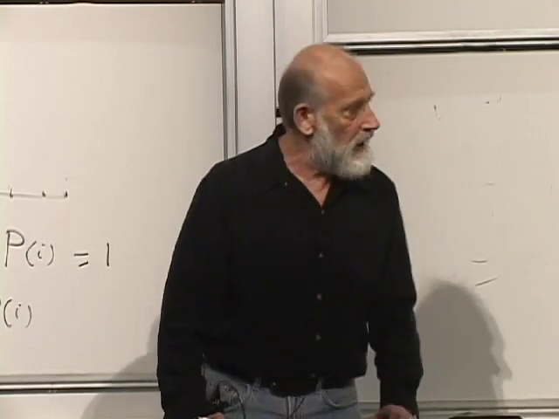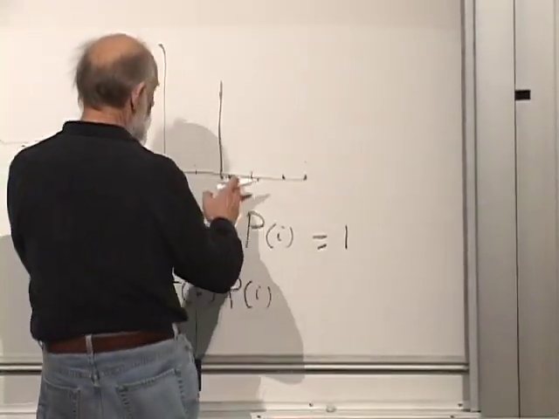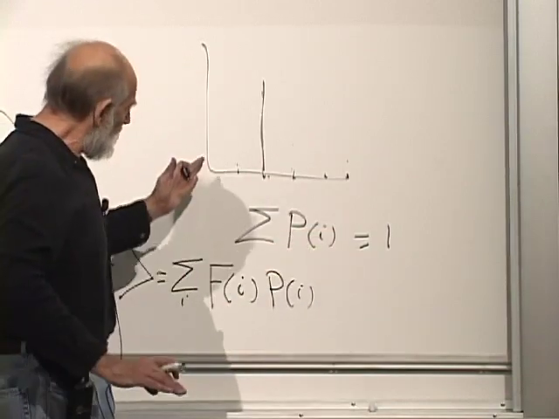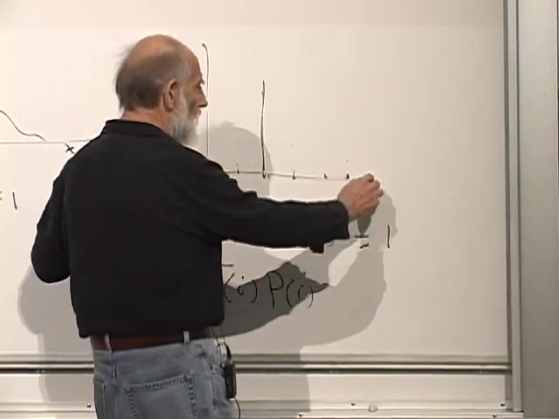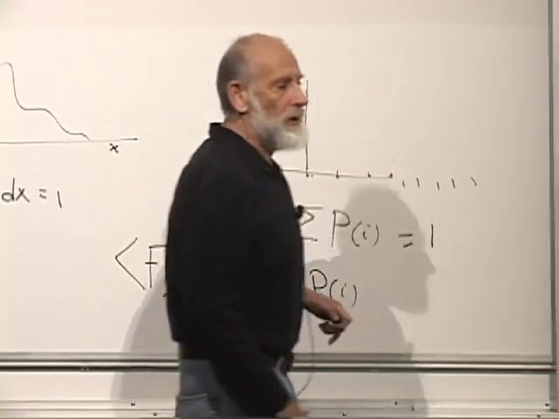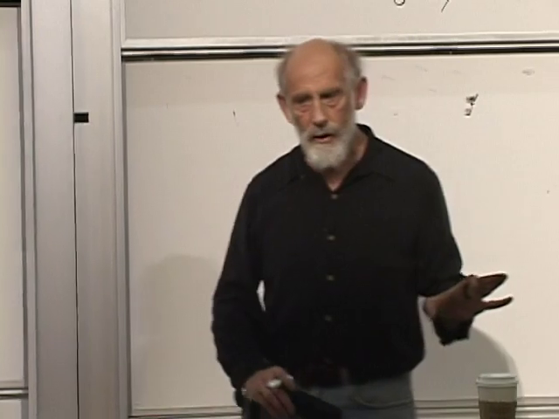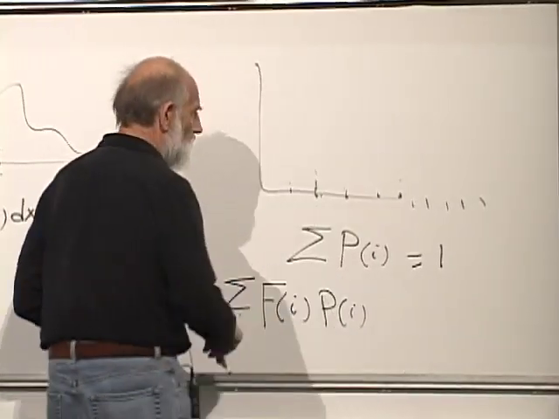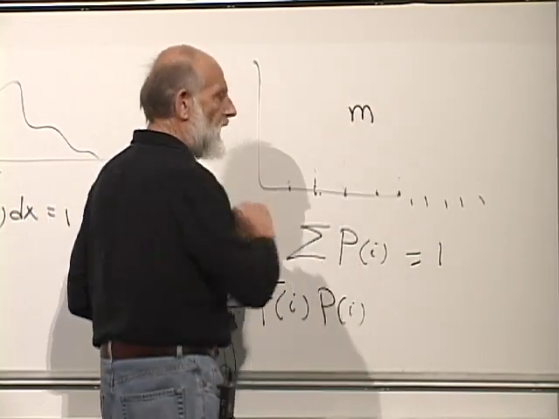And now what I want you to imagine, as I said, I do want you to keep in mind that this space here could be a multi-dimensional space of some kind. But I've enumerated all of the states of the system here. I've enumerated them all, laid them out here. And let's suppose now that all we know about the system, the only thing we know, is that it's in one of m possible states.